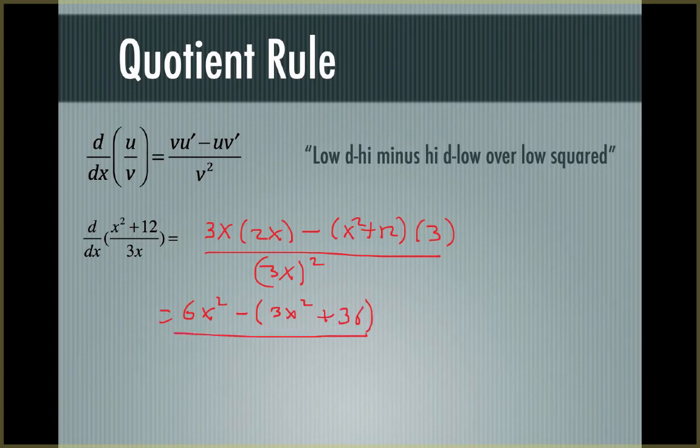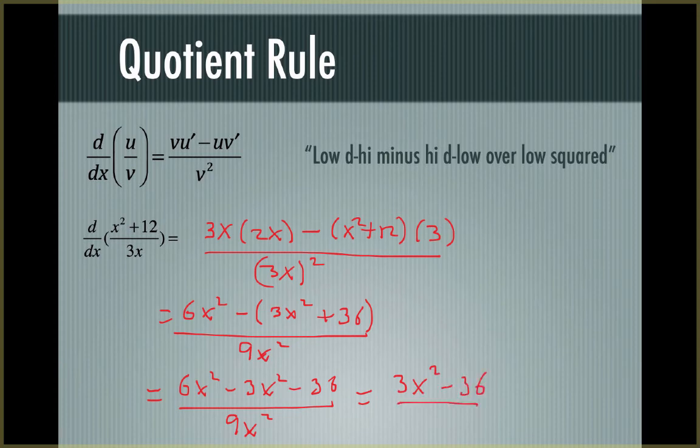All over 9x squared. And then we continue simplifying. We get 6x squared minus 3x squared minus 36 all over 9x squared. Combine like terms, we get 3x squared minus 36 all over 9x squared.